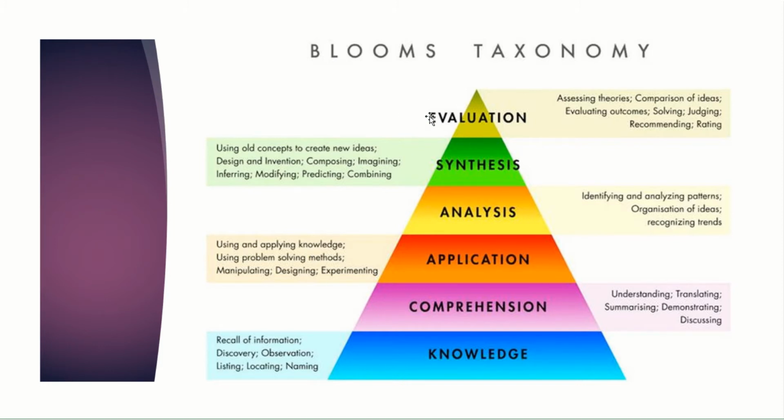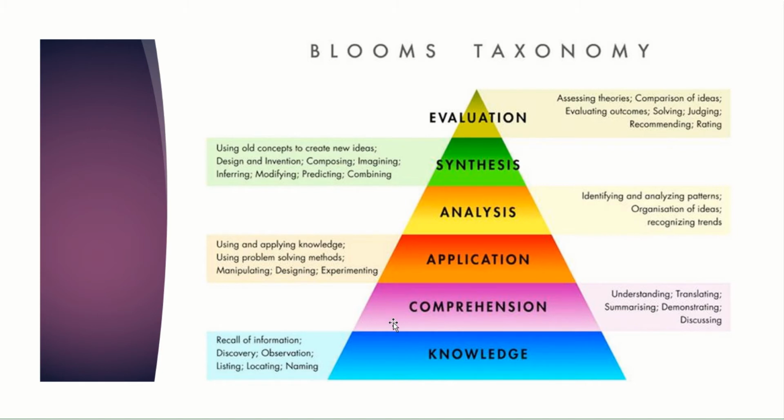I will say these three: evaluation, synthesis, and analysis are the high order thinking skills, and application, comprehension, and knowledge are the low order thinking skills. So the six major elements have been divided into two categories: high order thinking and low order thinking.